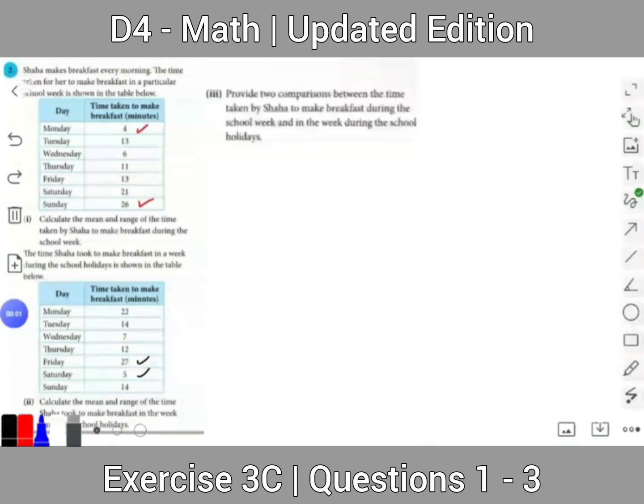In part 3, provide two comparisons between the time taken by Shaha to make breakfast during the school week and in the week during the school holidays.